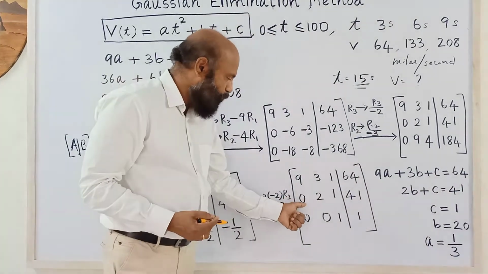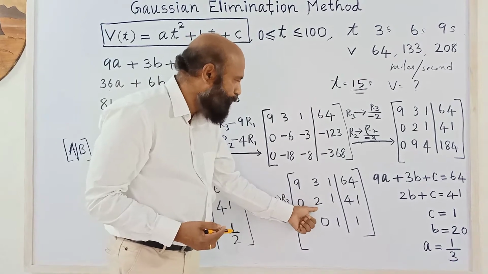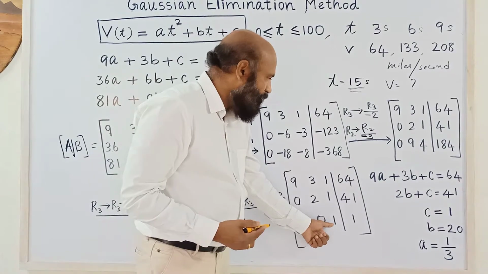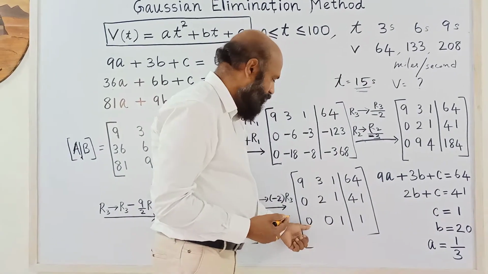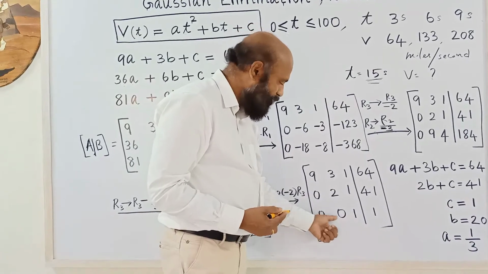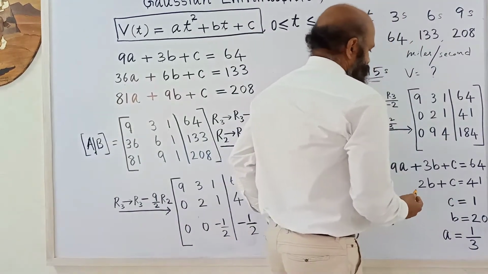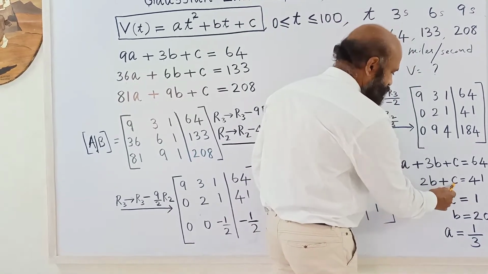In the second, here is 0, so the a term won't be there, so 2b plus c is equal to 41. Then c is equal to 1. In the third, a is not there, b is not there, because here it is 0, so c is equal to 1.